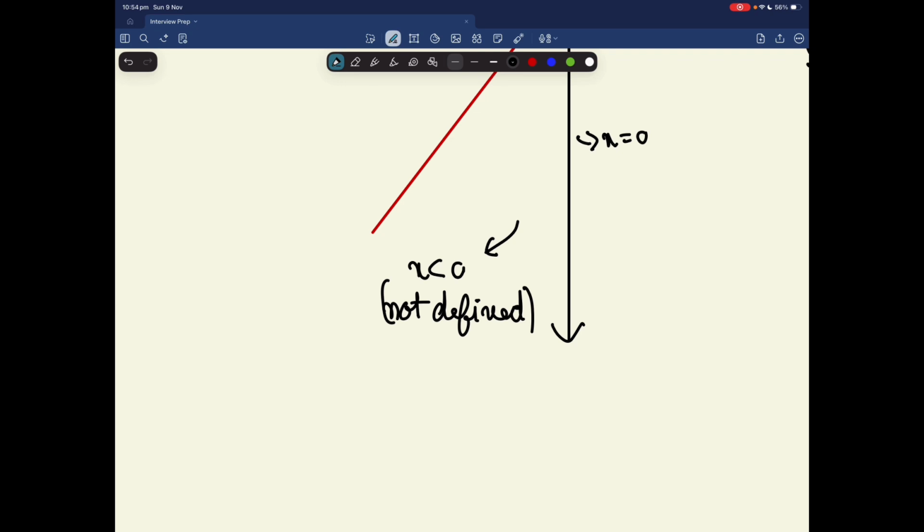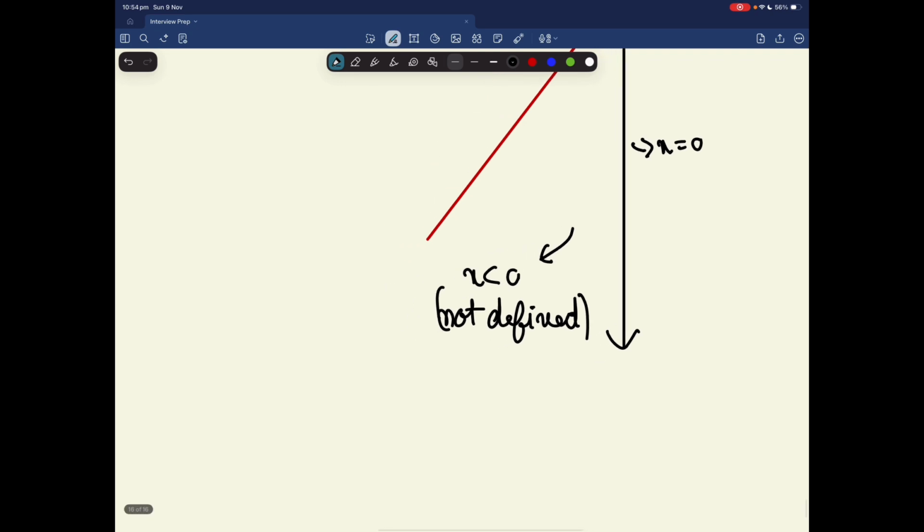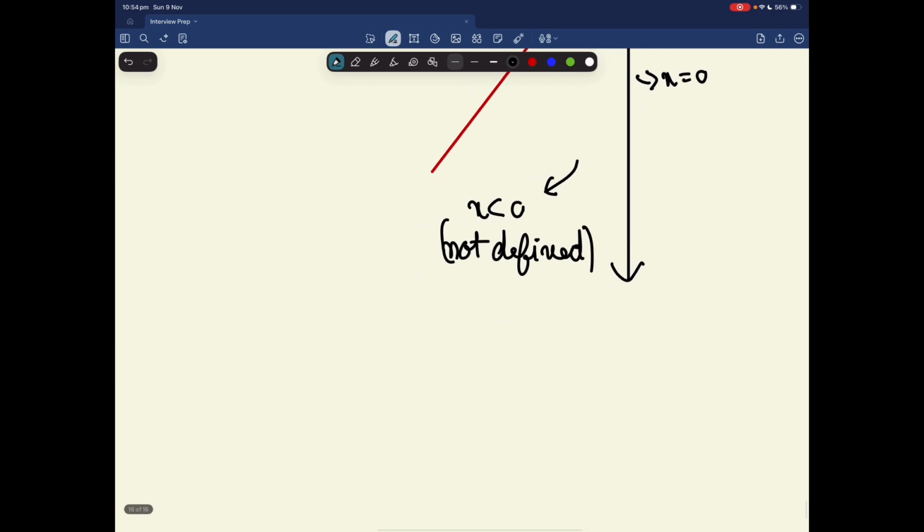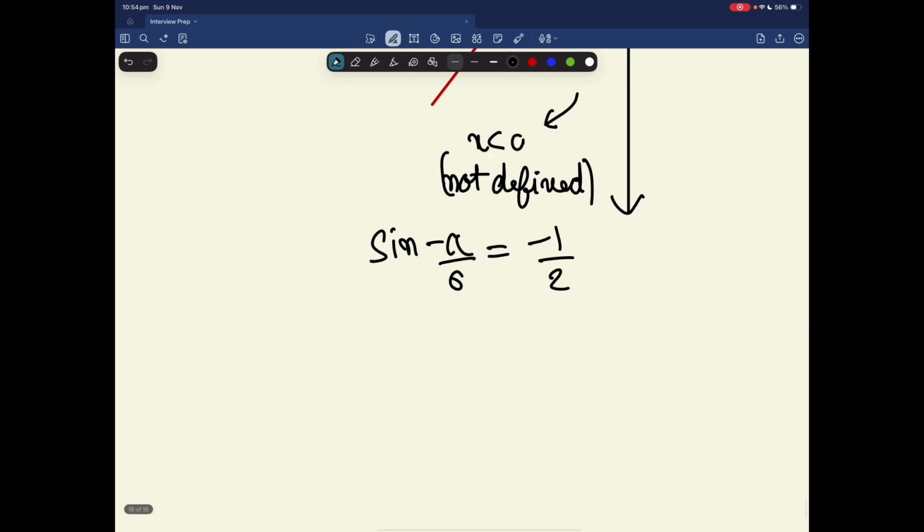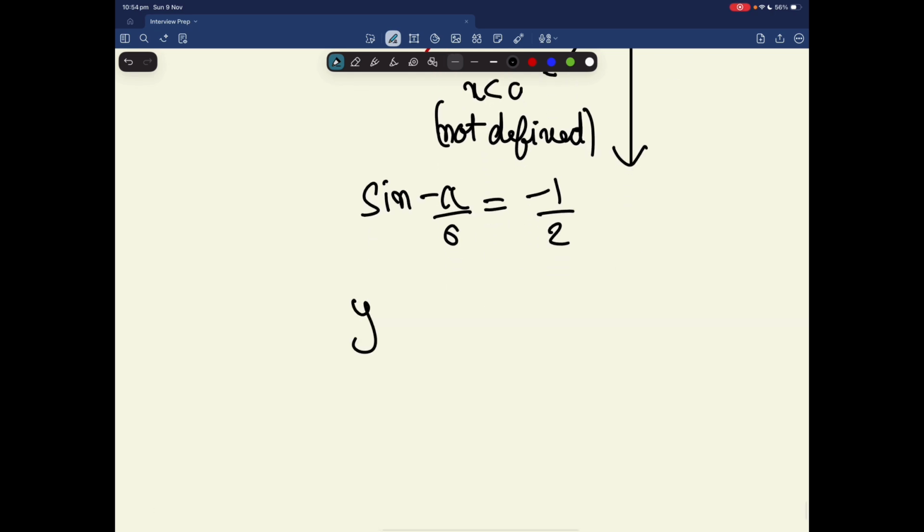Now, why does this happen? Let's see two things. We know the sine of minus pi over 6 would give us minus a half. Right, that's simple. If I sub this in, I get y equals minus pi over 6 to the minus a half.